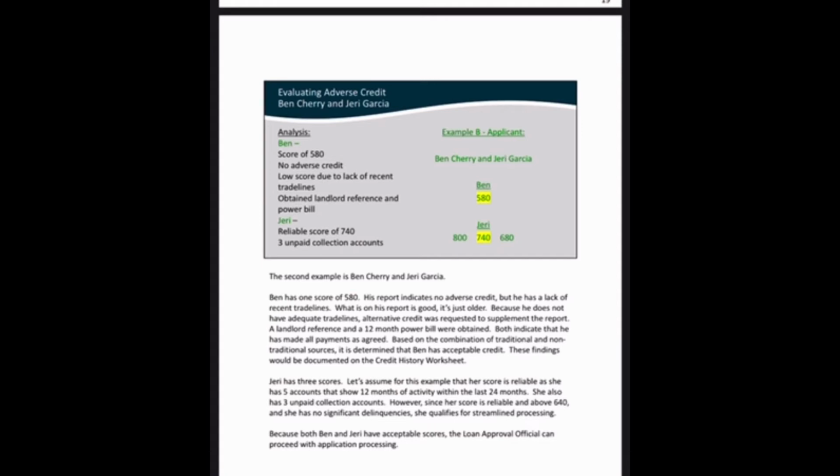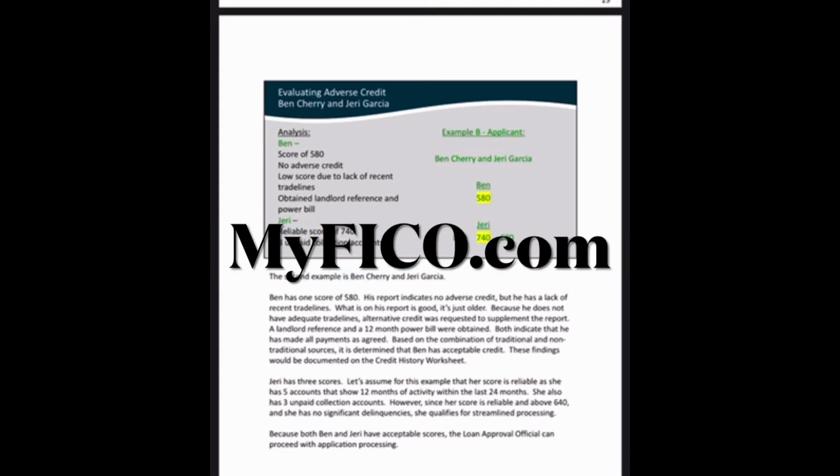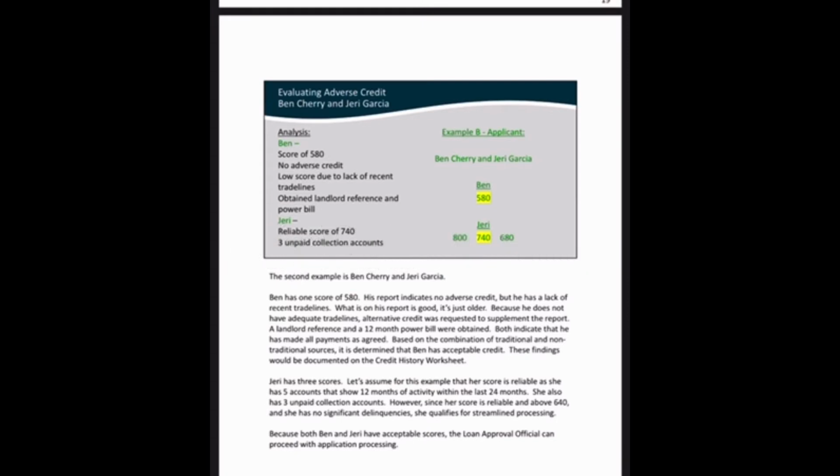Another way where you are able to find your credit scores, if you want to know what your mortgage scores are, a website that you can go to is MyFico.com. And there you can pay between $29.99 or $39.99 each month if you want to, or you can just pay for that first month and be able to see what your accurate mortgage scores are that are used by mortgage companies.